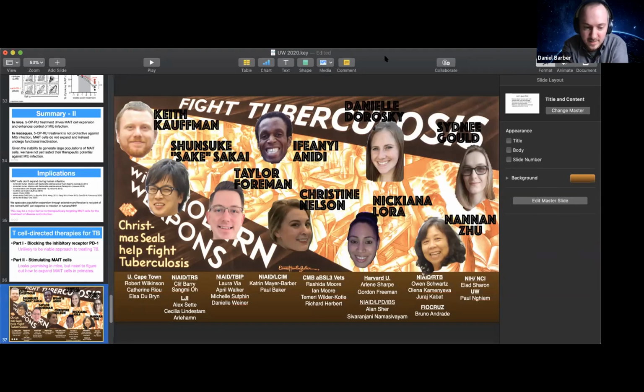Just looking at PD-1 levels in a naive SPF mouse, at least in our colony, MAITs are almost dead negative for PD-1. But in an unaffected macaque in the bowel, MAITs are always positive for PD-1. They're not high, but they're positive. So I would suggest that in a naive mouse, MAITs are kind of like resting naive cells.